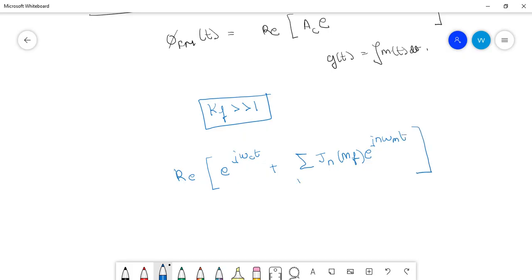So this is basically the Fourier series notation of your e to the power j kf m(t).